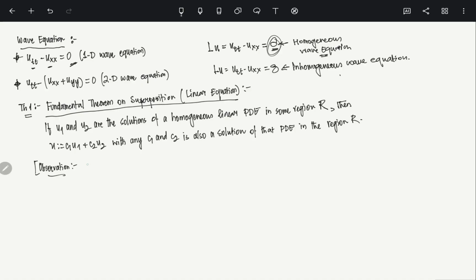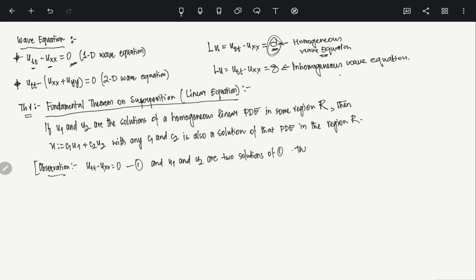This equation is utt minus uxx equals 0. Let's call it 1, and u1 and u2 are two solutions of 1.